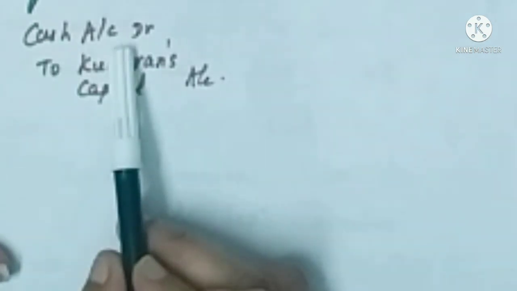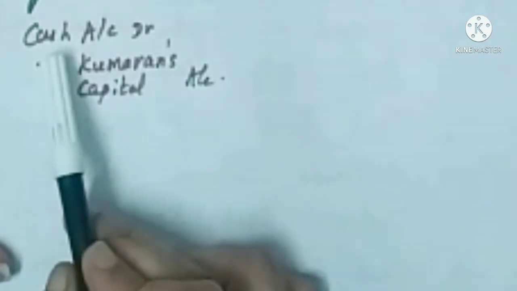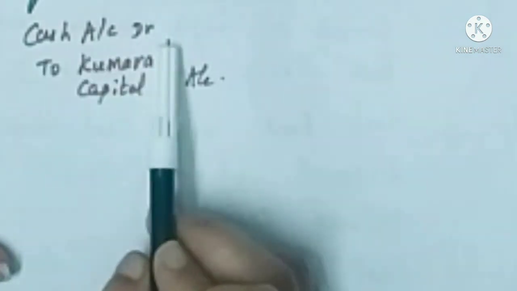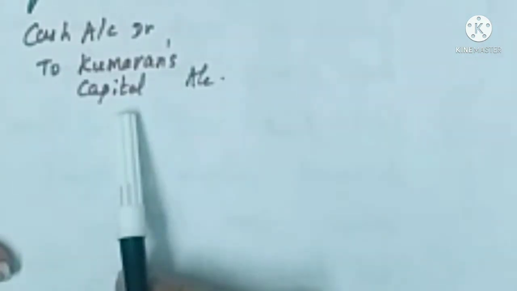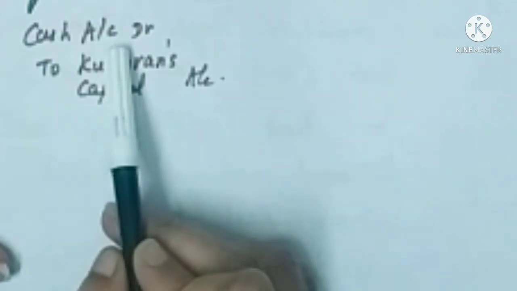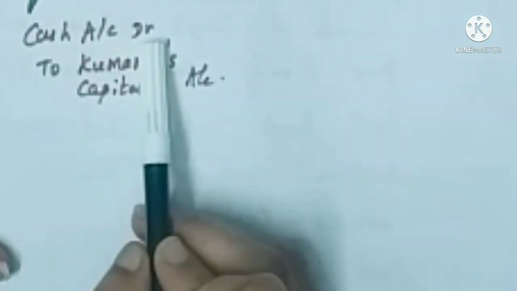Again I repeat the journal entry for the first transaction. Entry is cash account debtor to Kumaran's capital account. Cash account is debited, so I am going to write it on the debit side to Kumaran's capital account. Amount is rupees 50,000.